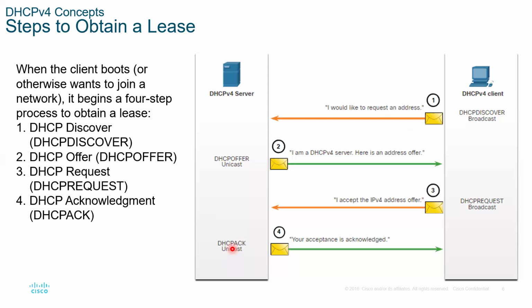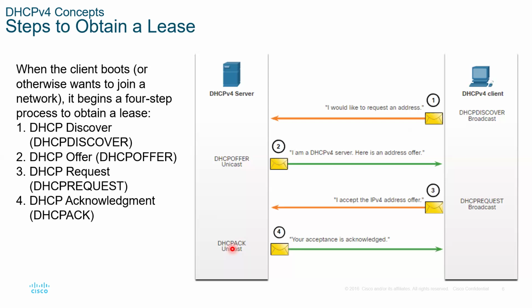There is also some additional information regarding what the default gateway will be, what the subnet mask of the network will be, and what the DNS server will be. So the offer not only offers the IP address, but it comes with the gateway, the mask, as well as the DNS server address.